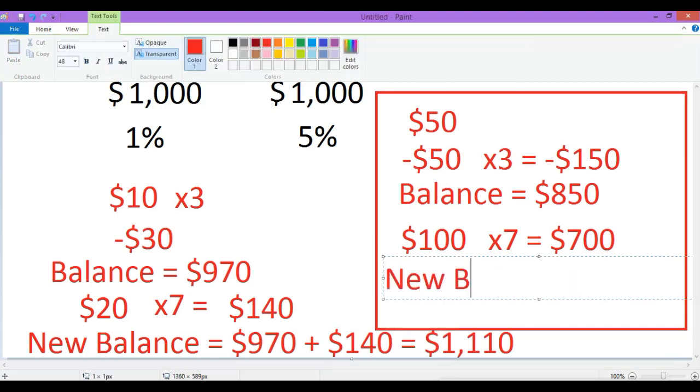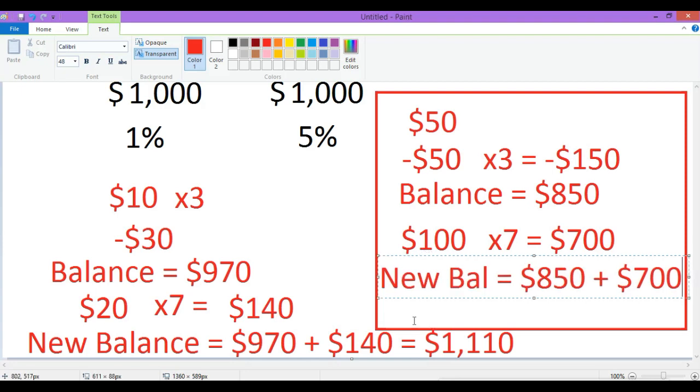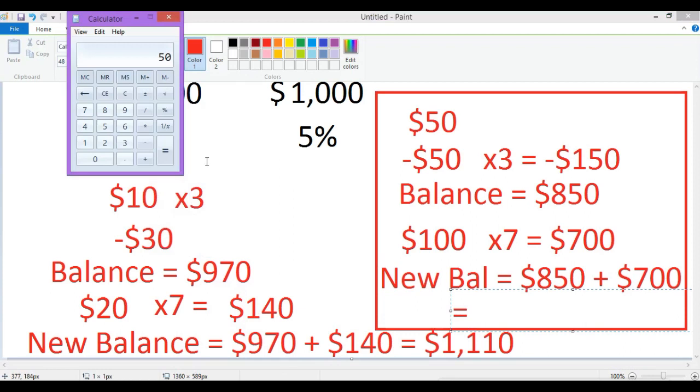New balance equals 850 plus 700. And this will be equal to, okay, let me use my calculator once again, I don't want to make a mistake.